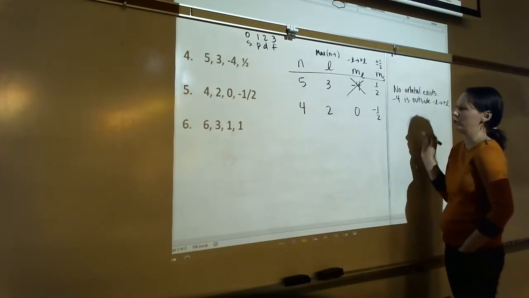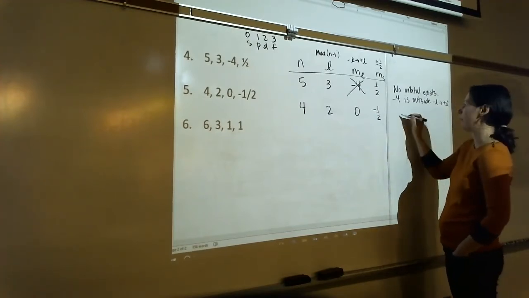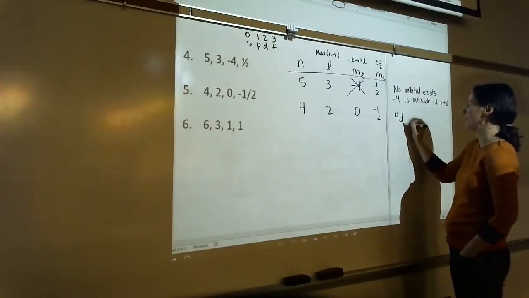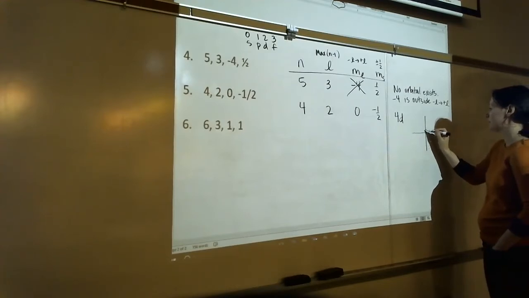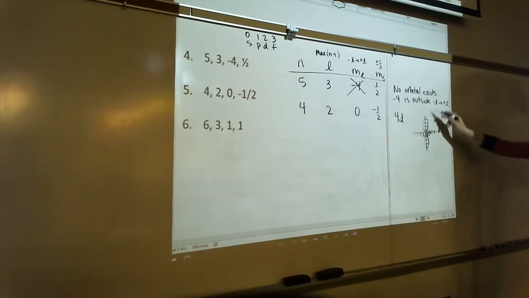What orbital does that produce? It's like a clover. 4d. I didn't specify how to orient it, so just pick an orientation. If you had done the version that looks like this with the hula hoop, would that be acceptable? Yes, it would, as long as you counted off 4.